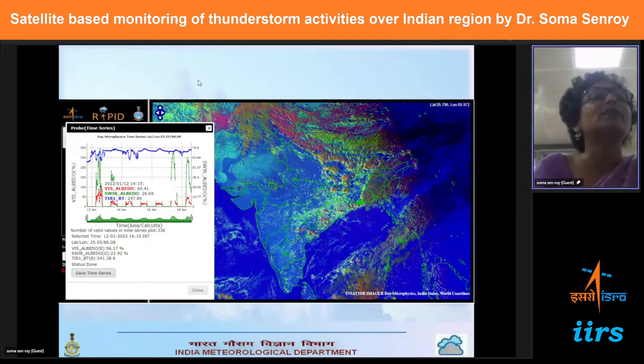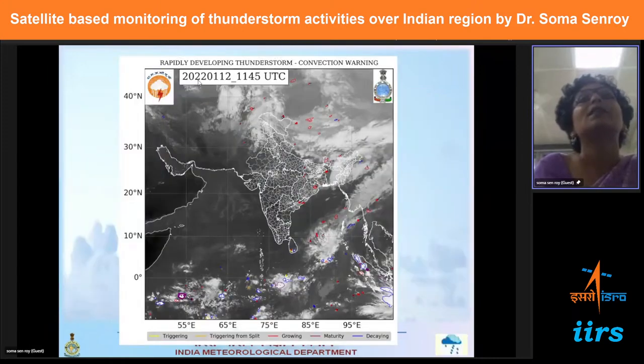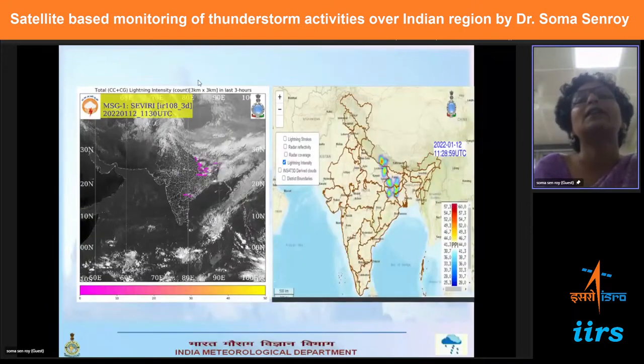So this is giving a good indication of where the cloud top brightness temperature is increasing or decreasing, and correspondingly which are the developing cloud patches. This is the RDT, which is giving you, over East India, the locations where the thunderstorm potential is more, and this is the actual lightning picture of where it is happening.